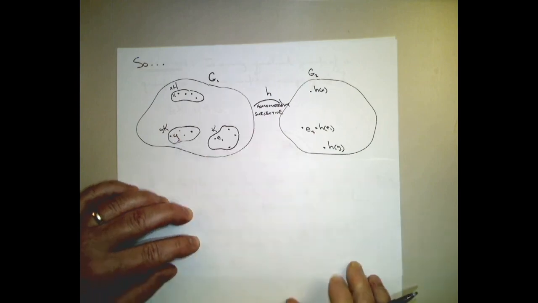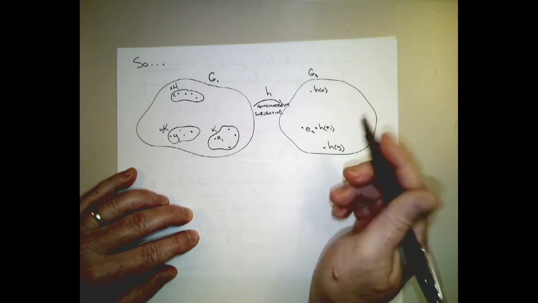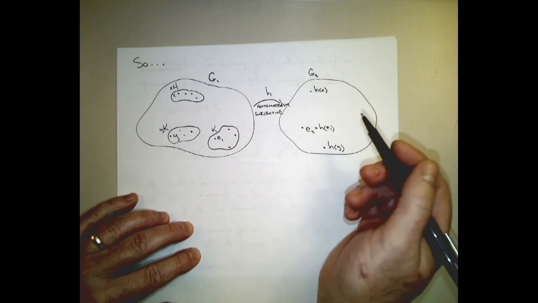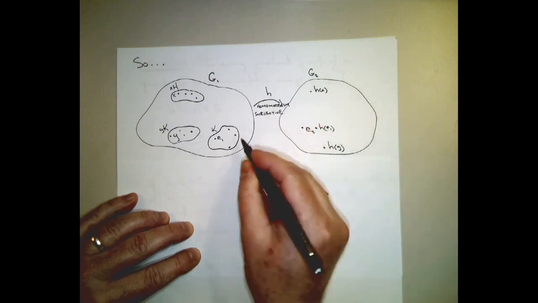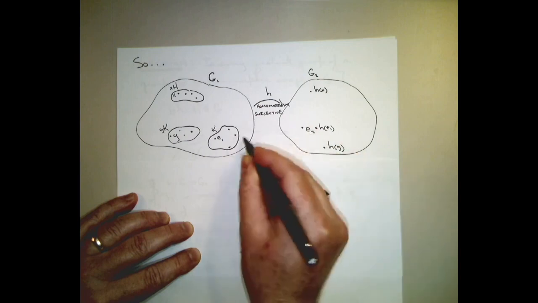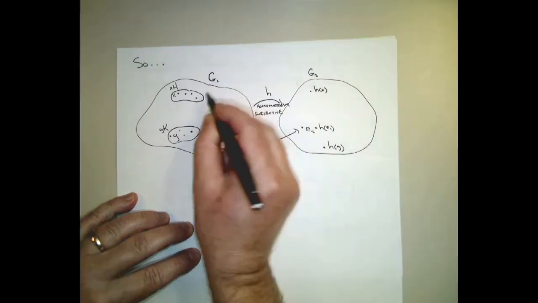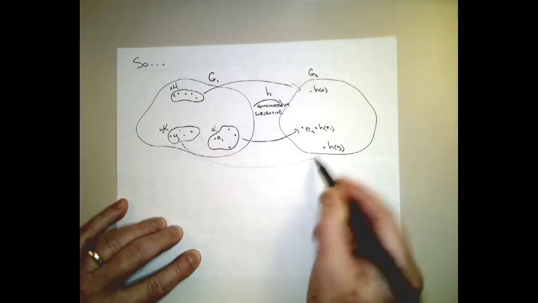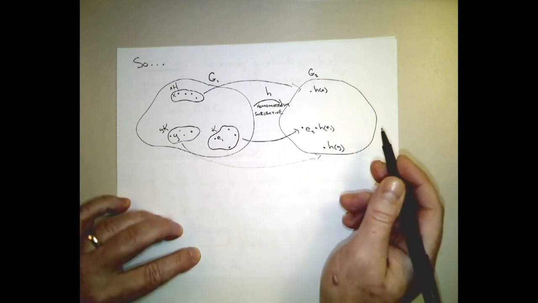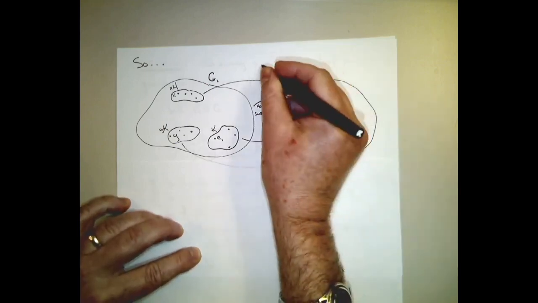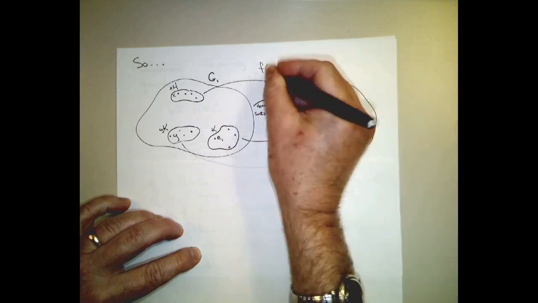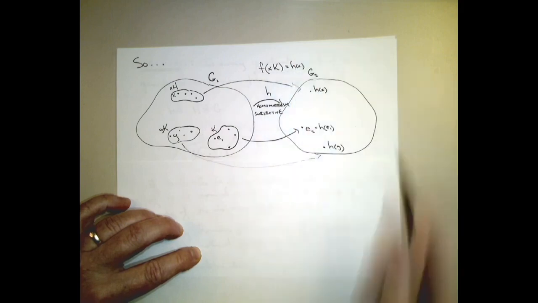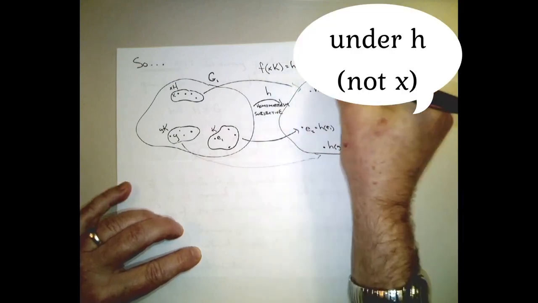And if we define the function that sends K to the identity element, that sends xK to h of x, that sends yK to h of y, and so on, then this function F that sends the coset that contains an element to the image of that element under H is an isomorphism.